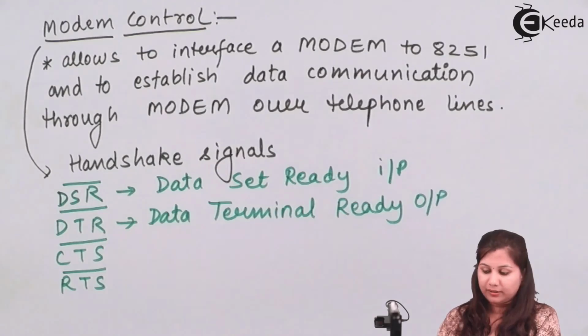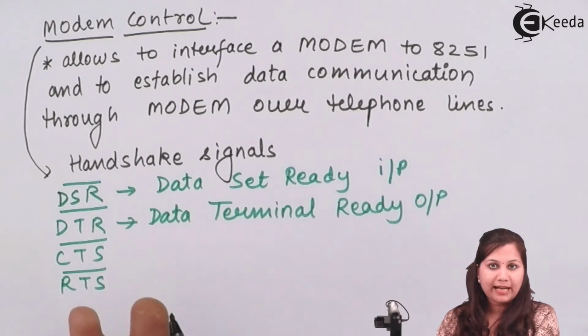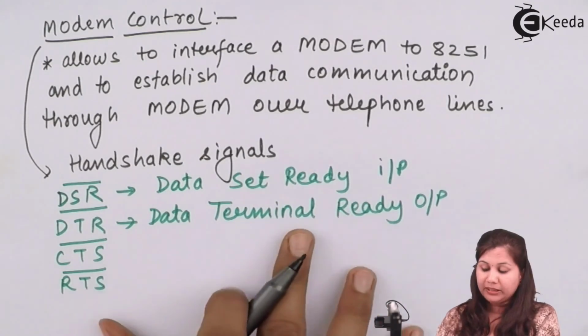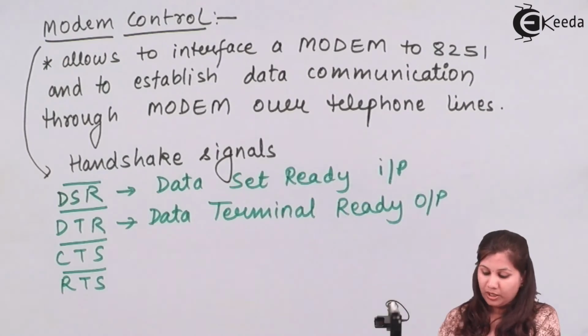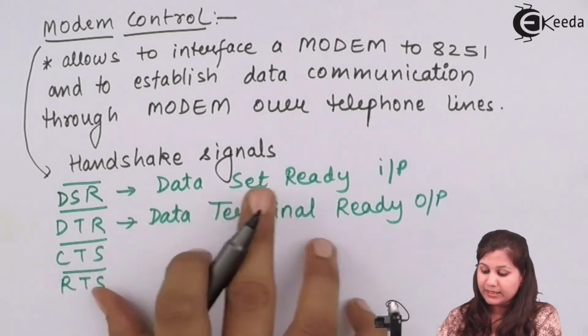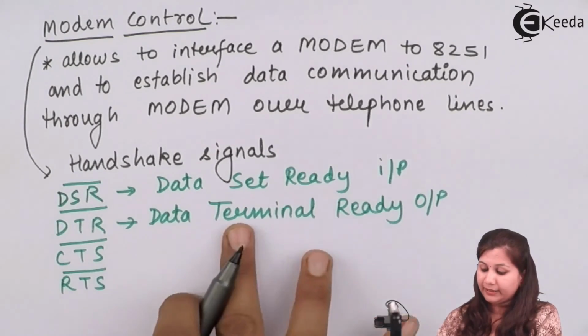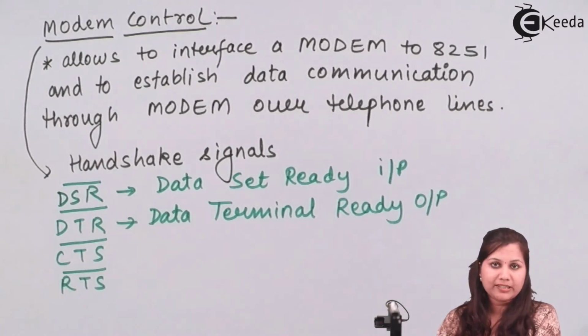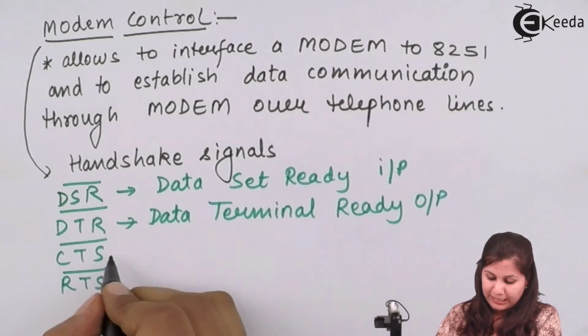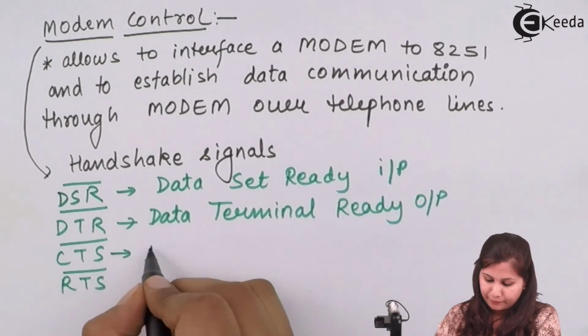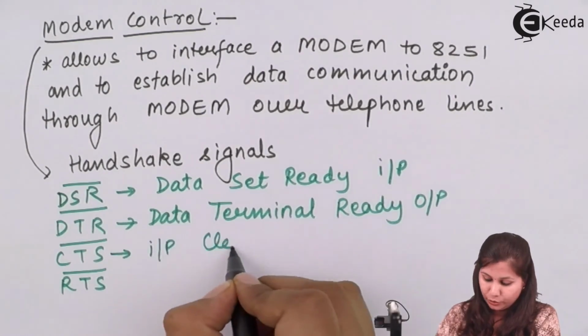So when the 8251 is ready to accept the data, then data terminal ready is activated. Data set ready means the modem is ready for sending the data. CTS is an input signal which is clear to send.